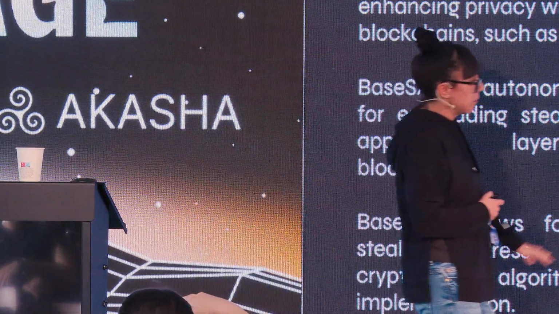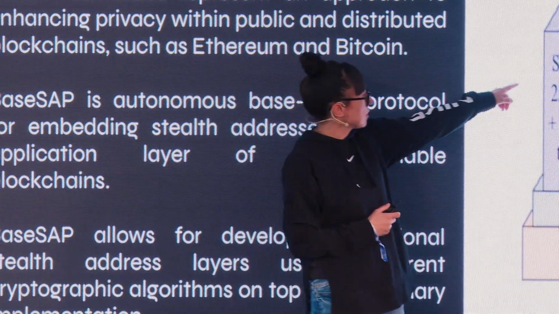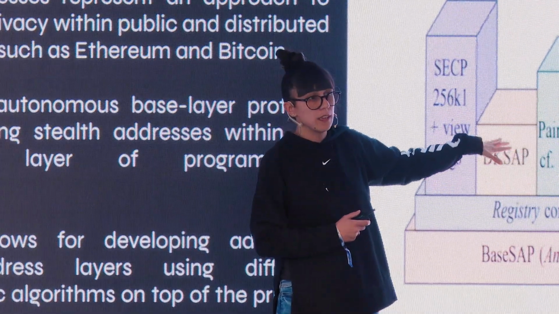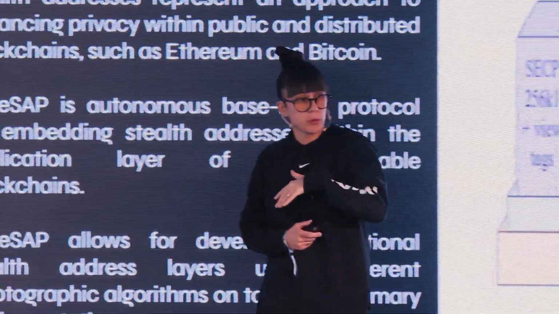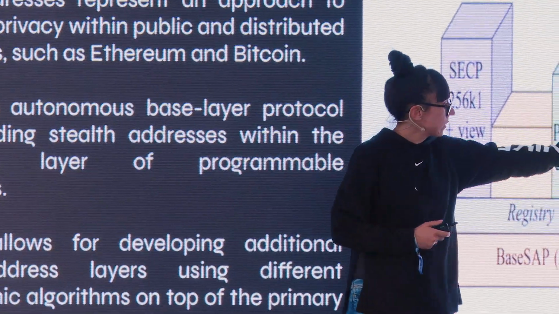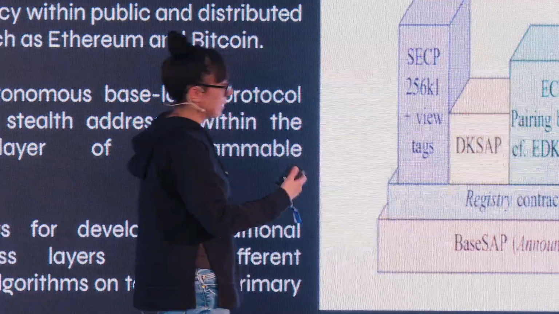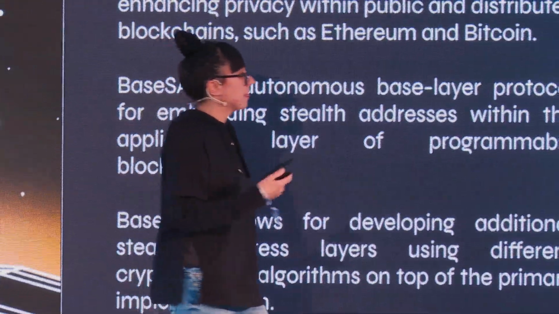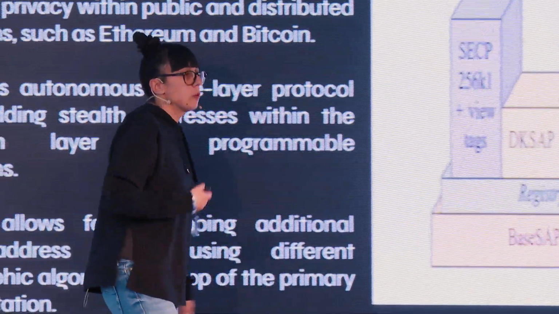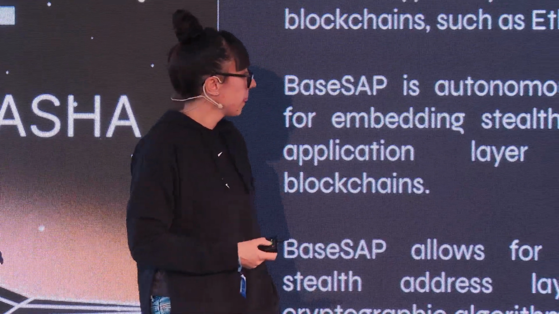So they built this, and they use the elliptic curve, they use the view tag, they use the dual key stealth address protocol, so the Diffie-Hellman approach, okay? But they also wanted to have different approaches. So they want to have schemes that use elliptic curve pairing, and they also want to have post-quantum schemes. So our motivation was a result of this paper.